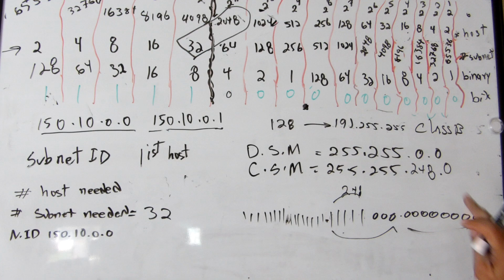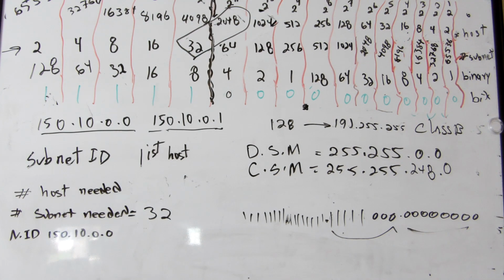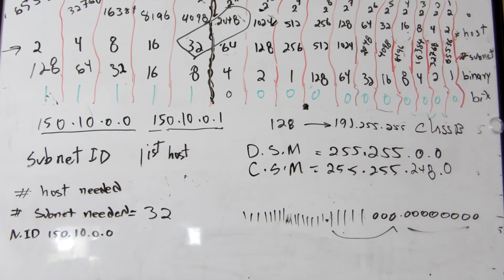So we write it here, 248. This is the custom subnet mask. And then they ask you, what is the total number of subnets?